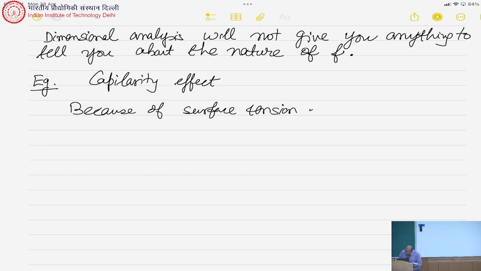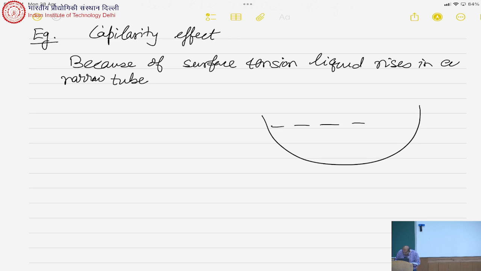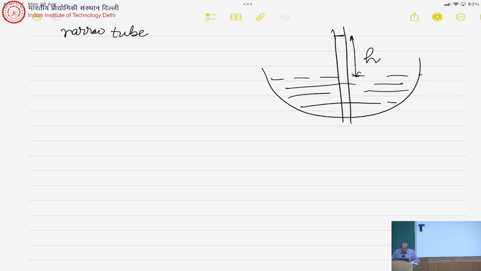Because of surface tension, liquid rises in a narrow tube. If we immerse a narrow tube in a liquid, the liquid rises, and this rise is attributed to surface tension.